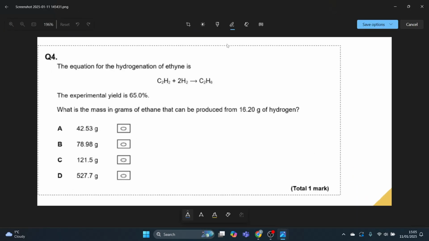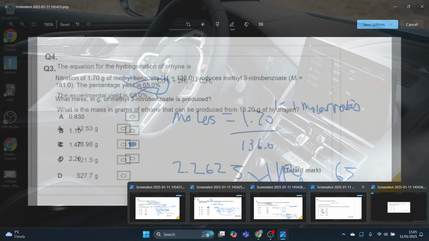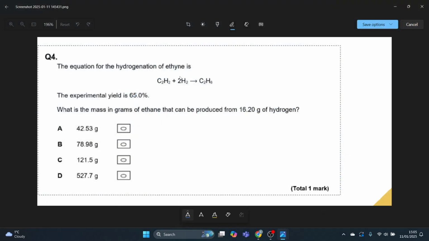This one, the equation for this is ethane. What's the mass of ethane that can be produced from this much of hydrogen? So I find out the moles of hydrogen, mass over Mr, which is 2. You can clearly see it's a 1 to 2 molar ratio.